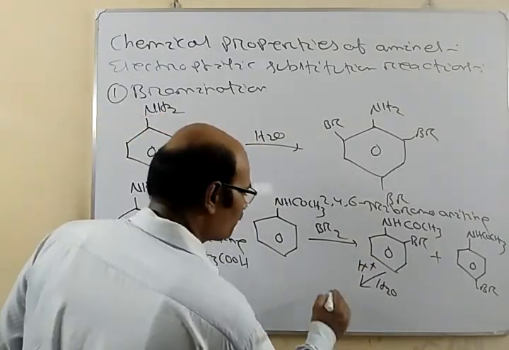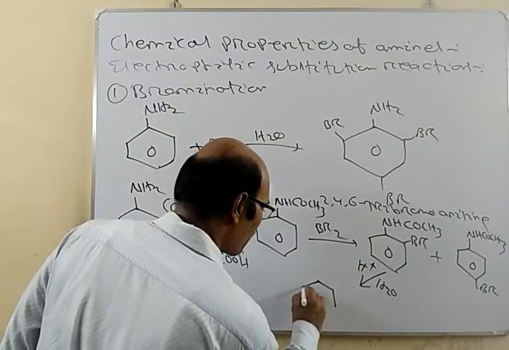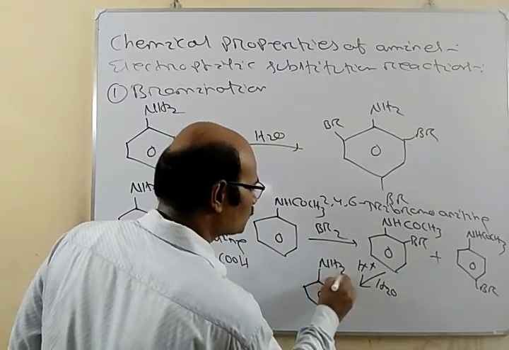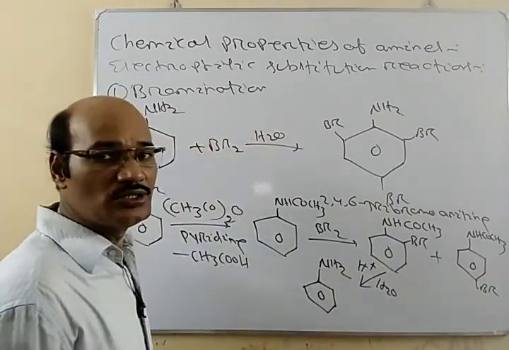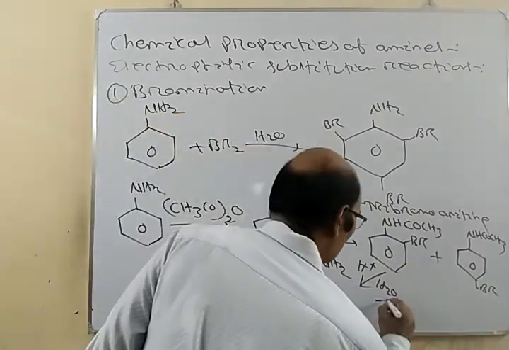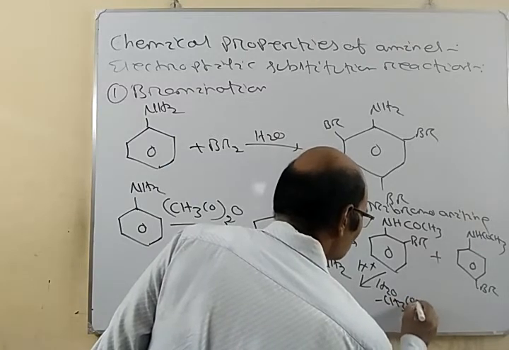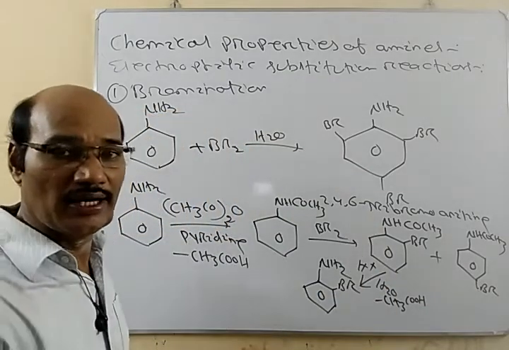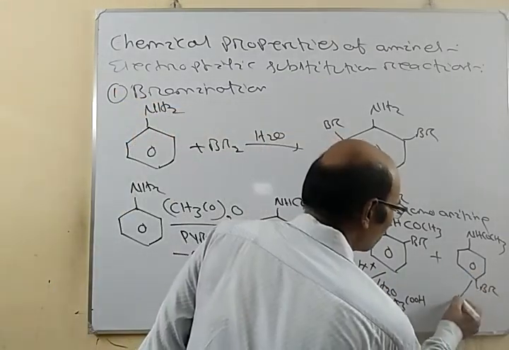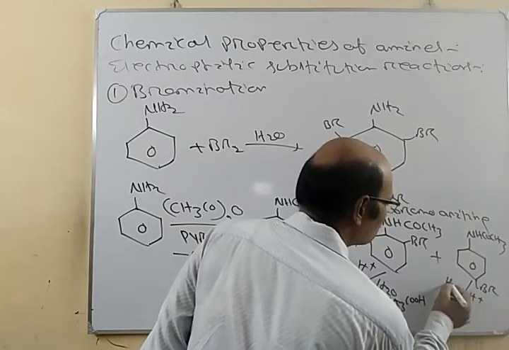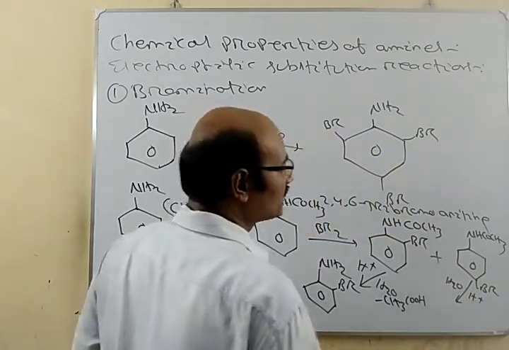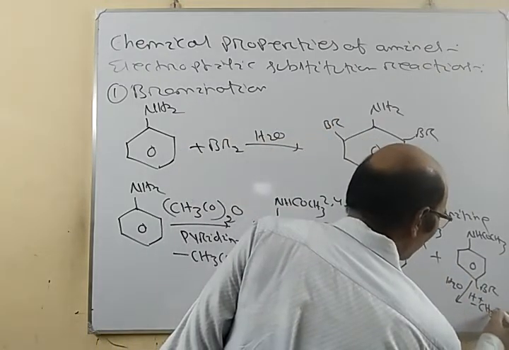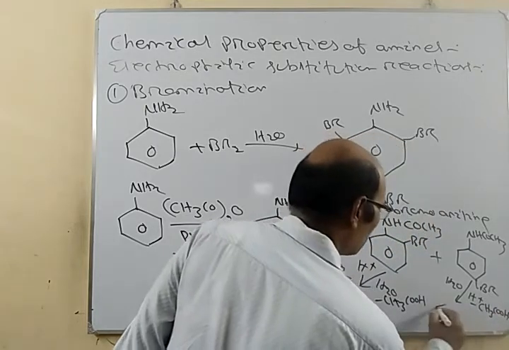Okay, so now this NHCOCH3 becomes what? NH2. Now CH3CO becomes what? CH3COOH. So minus CH3COOH. And what? Ortho bromoaniline and para bromoaniline, H plus, H2O. Same here plus CH3COOH. And we get what?